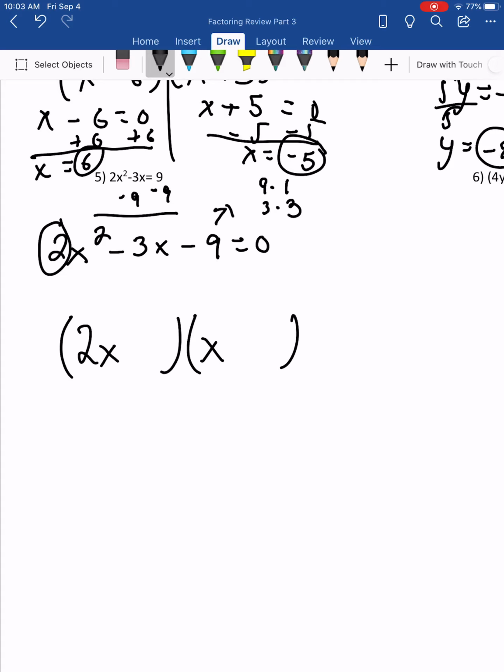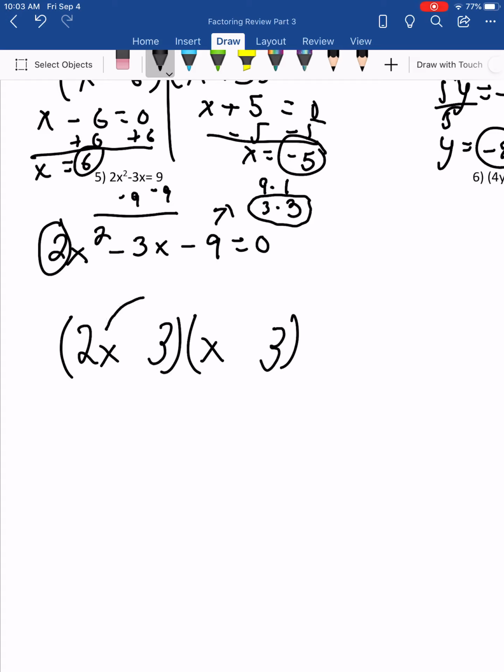Okay, so let's try this pair. Remember, it's trial and error, but looks to me like the 3 and 3 is going to work better than the 9 and the 1. So I'm going to put in a 3 over here, a 3 over here.